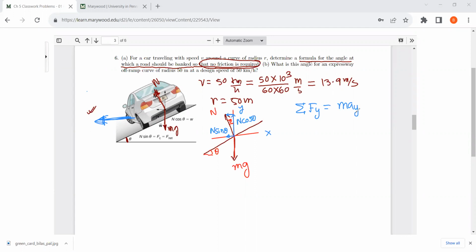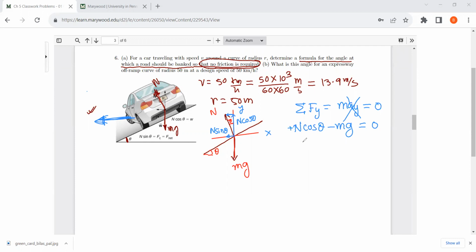And you see in this free body diagram, there is no acceleration along the y direction, so the right hand side is equal to 0. Then in the left hand side we have two forces. One is N cosine theta, in the positive y direction, and mg in the negative y direction.